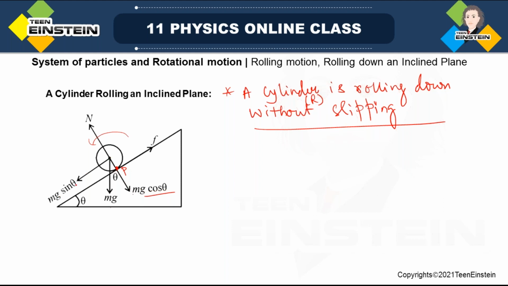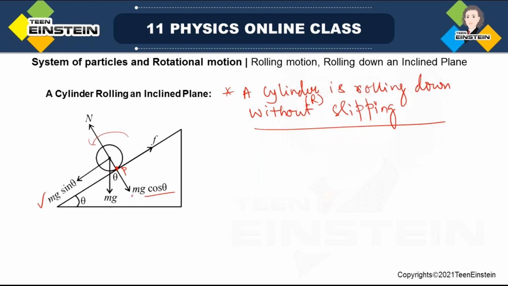And the other component, mg sin theta, is acting along the inclined plane in the downward direction. As you can see, mg sin theta is acting along, parallel to, the inclined plane.